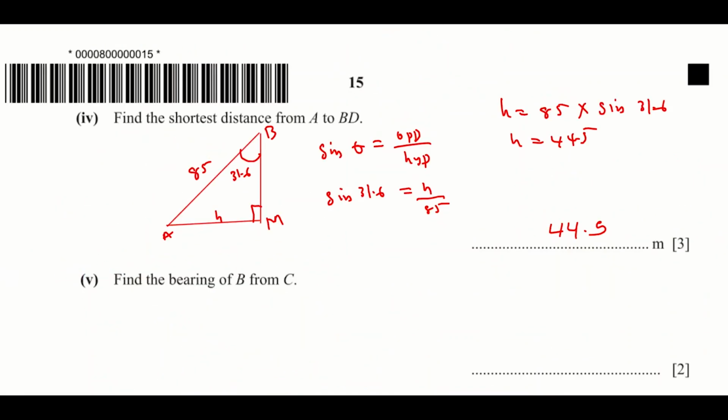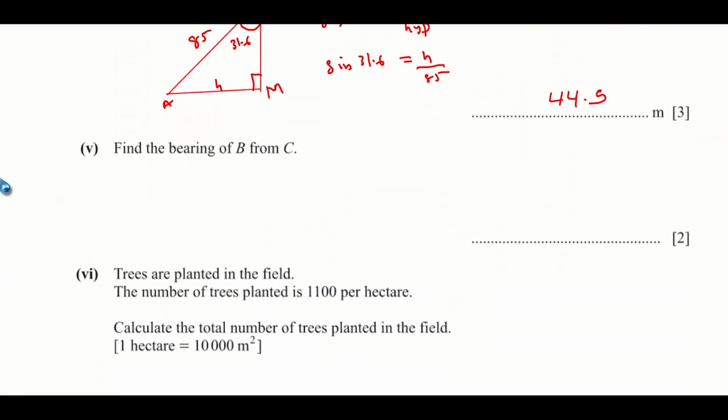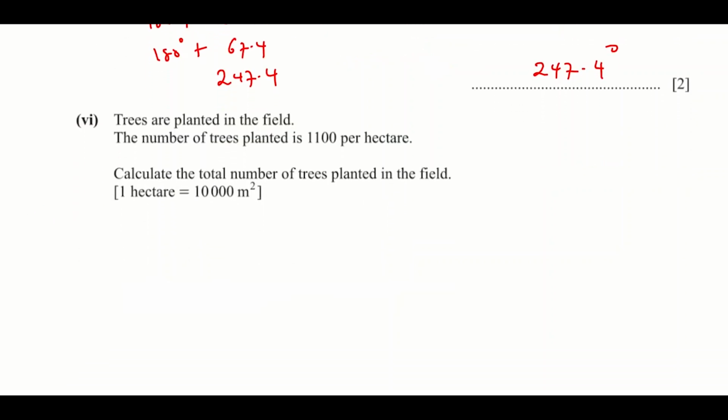The bearing of B from C will be equal to 180 degrees plus alpha. We found alpha to be 67.4, so everything will be 247.4 degrees.